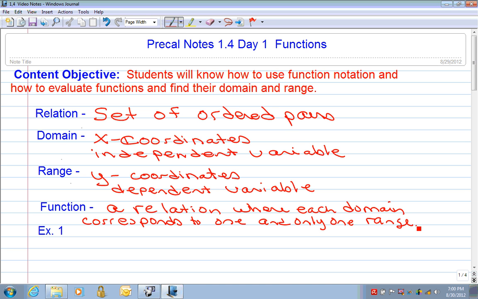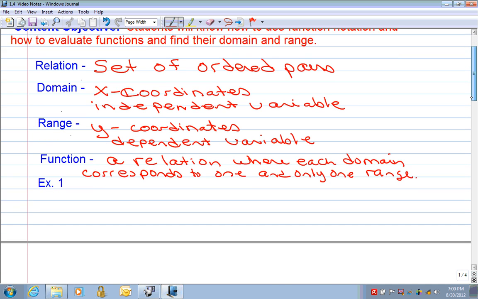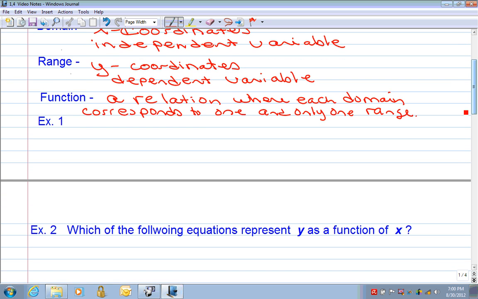In short, when you see a list of ordered pairs, the x values do not repeat. There's not the same x value for two different range numbers or two different y values.